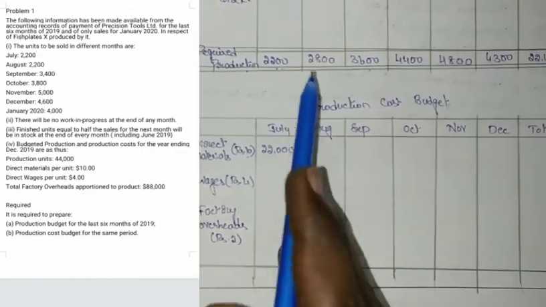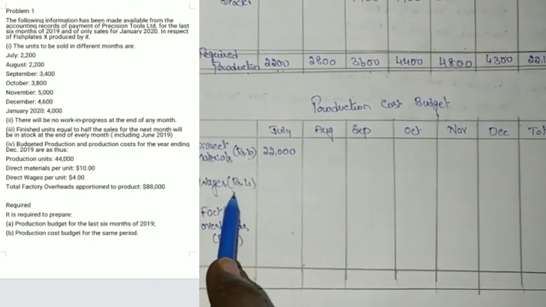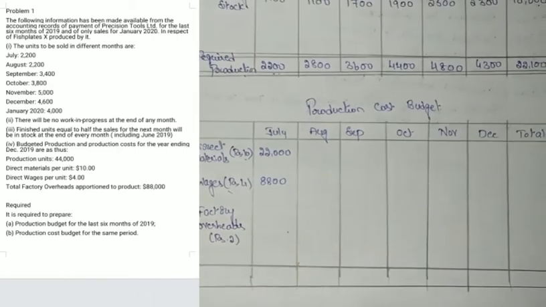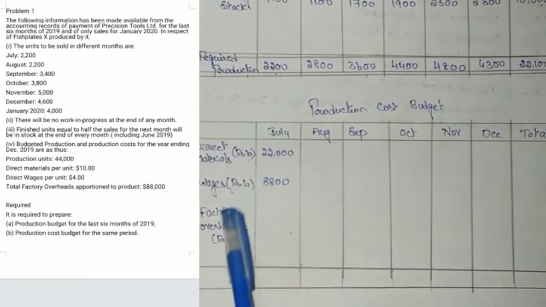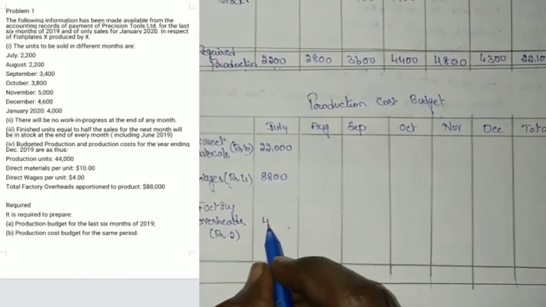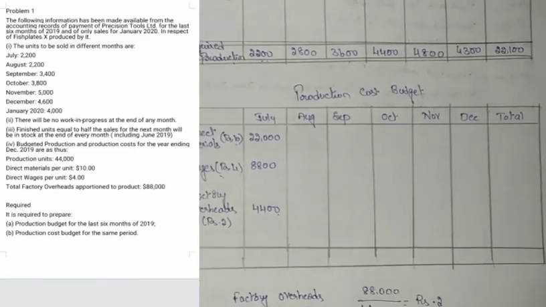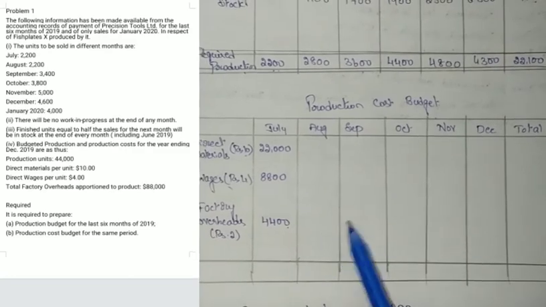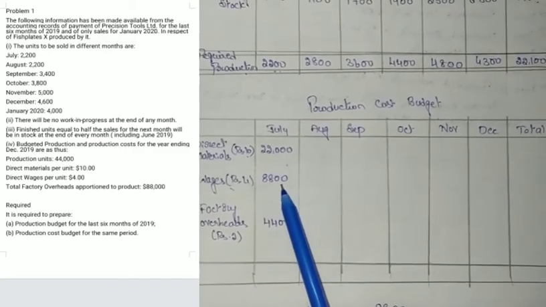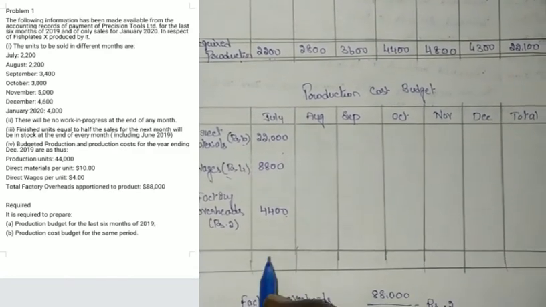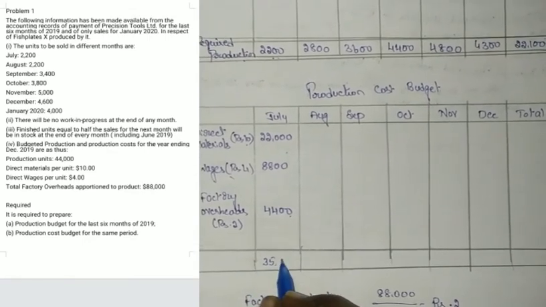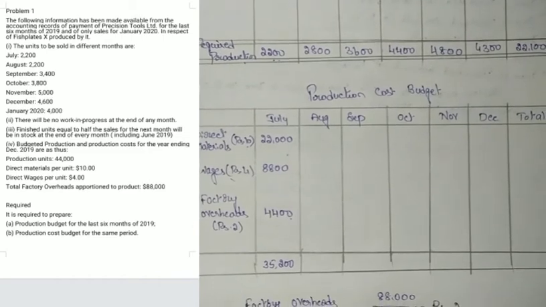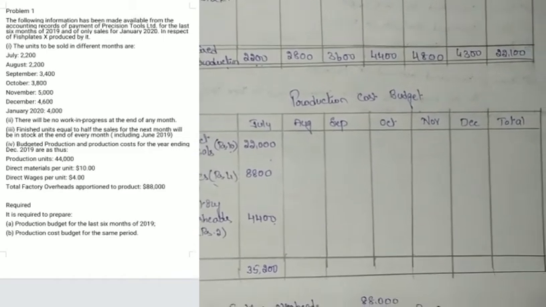Next, 2200 with the wages of rupees 4, you will get 8,800. Next, 2200 into 2, you will get 4,400. So now the total cost for the month of July will be 22,000 plus 8,800 plus 4,400, you will get 35,200. So like that we'll calculate the total cost for each and every month.